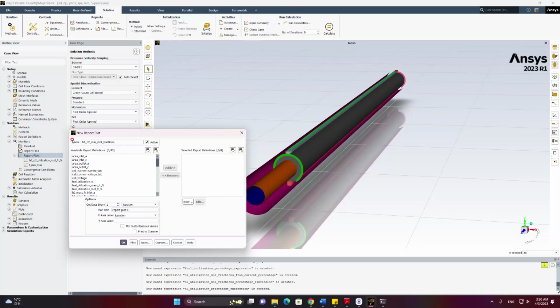Minimum mole fractions that are at the anode and cathode. And report plot. Okay.